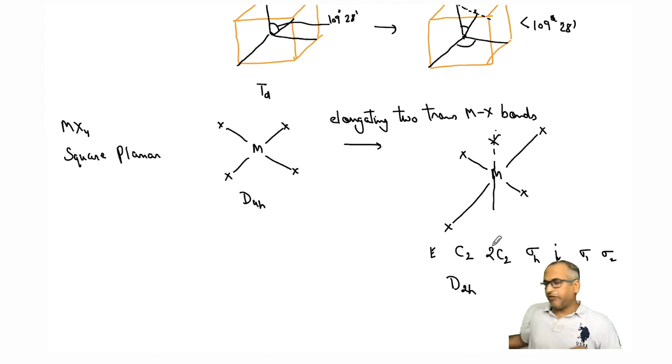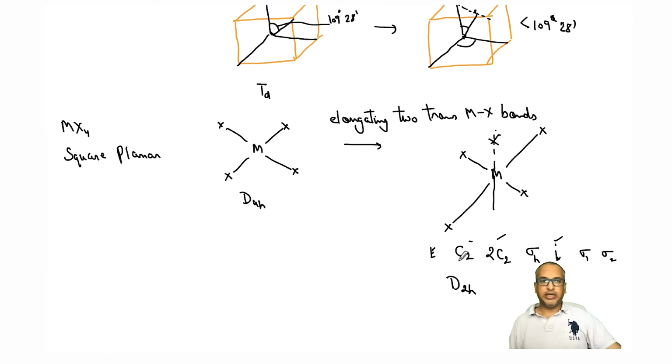So let us verify this. Let me look at the D2H character table. Yeah, so D2H should have E, 3 C2s which are perpendicular to each other, then this i, and then 3 sigmas. Again, if one is along XY, the other will be YZ, the third will be ZX. Which we have, right?